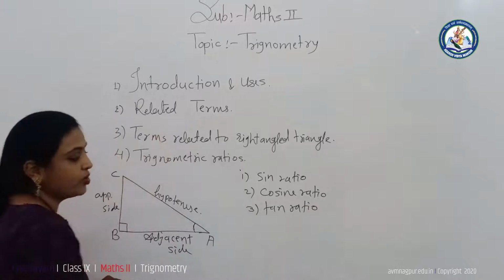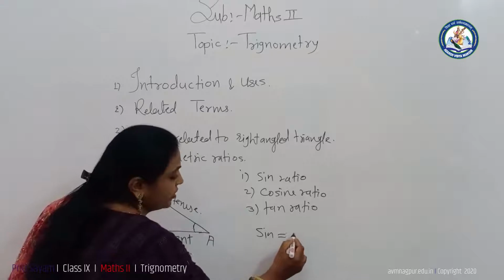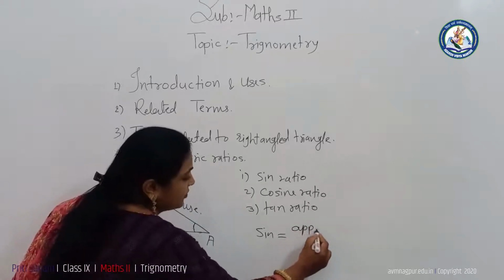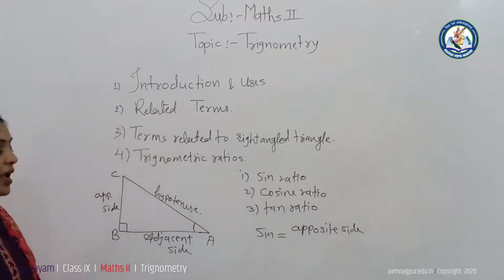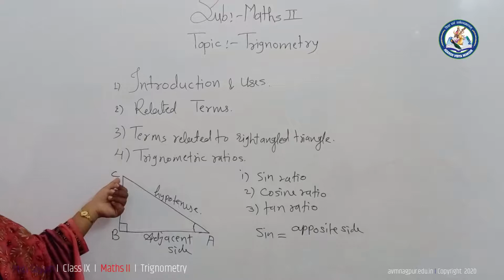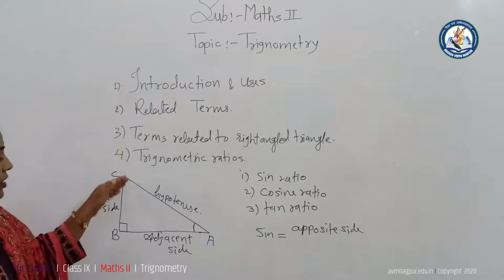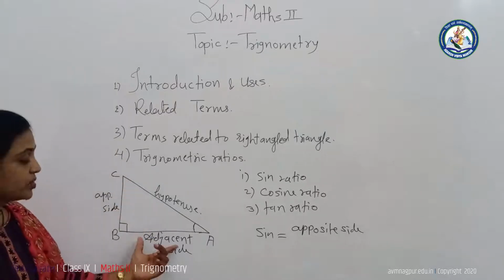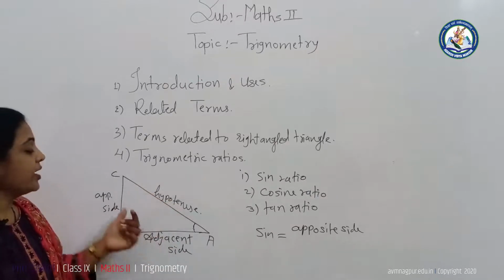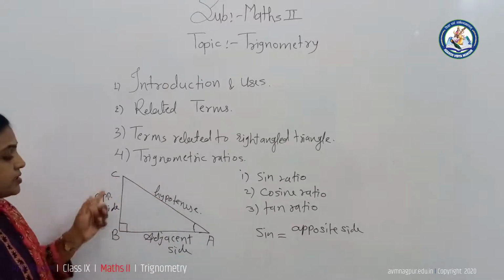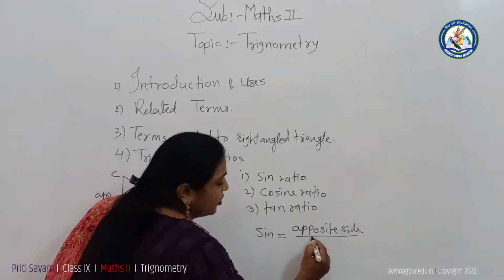So for the sine ratio, in simple terms you learn it as sine equal to the opposite side of whatever angle you are taking. Suppose you are considering angle C. For sine of angle C, the opposite side is AB and the hypotenuse is the same, CA. And the adjacent side for angle C is BC. So for the sine ratio, you just have to remember opposite side upon hypotenuse.